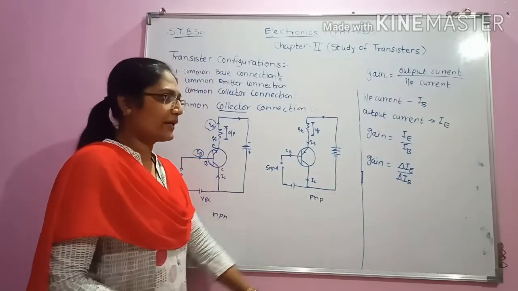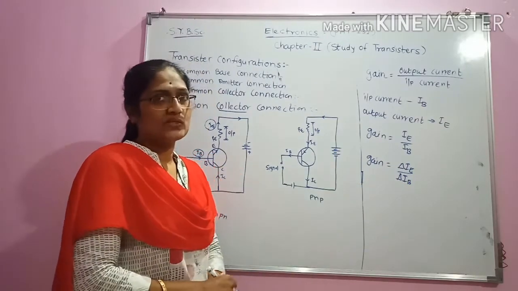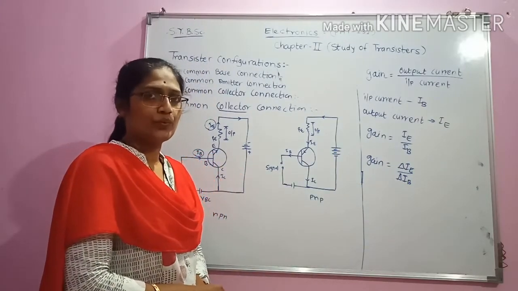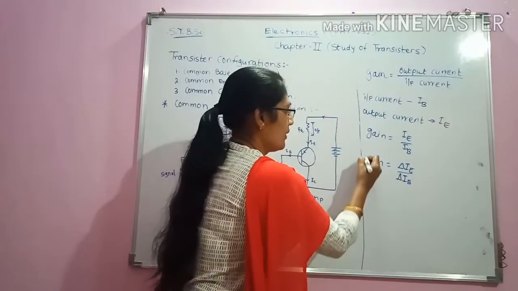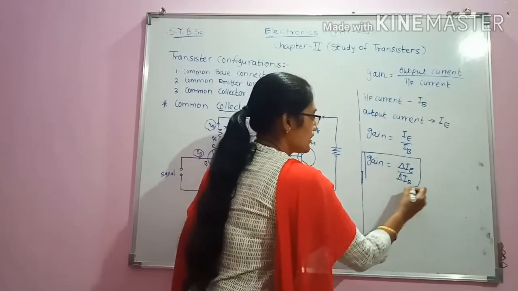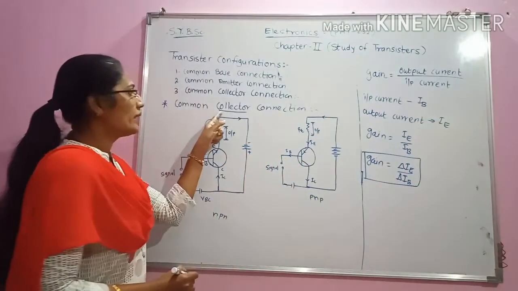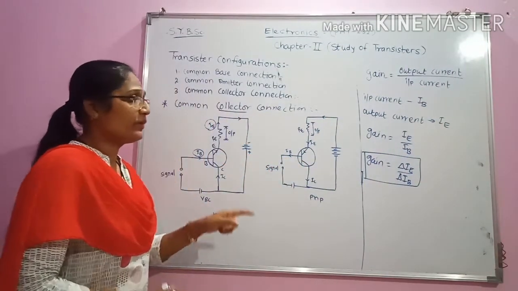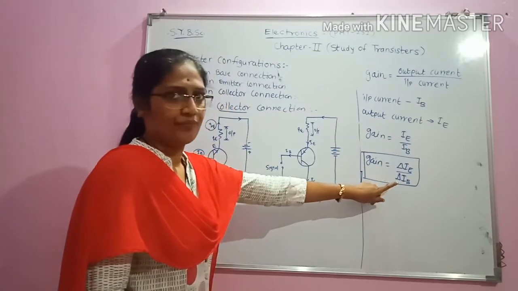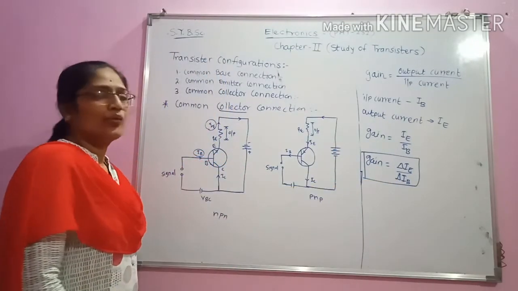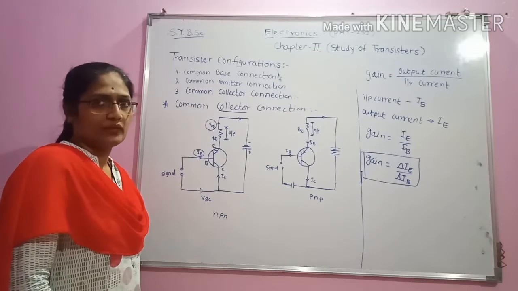As we know that delta IB is always less than 1, and hence the gain of this common collector connection will be given by delta IE upon delta IB. This gain value will also be greater than 1.